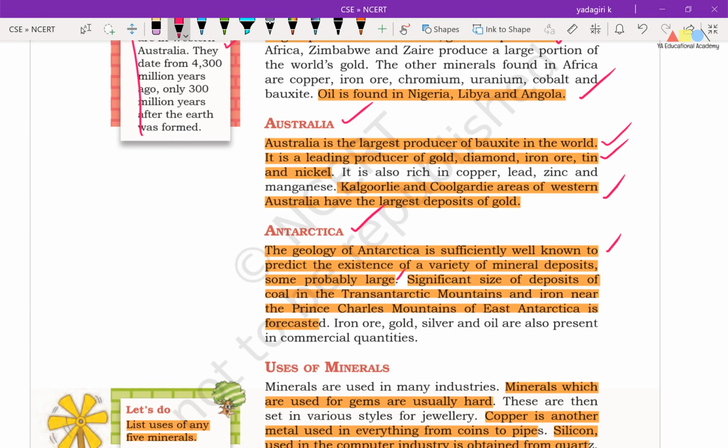It is difficult to explore the Antarctica continent because it is covered with ice, and the conditions to inhabit there are difficult, but by knowing the geology we can predict that it can be a big source for minerals on a large scale. Friends, significant size deposits of coal in the trans-Antarctic mountains and iron near the Prince Charles Mountains of East Antarctica are forecasted.